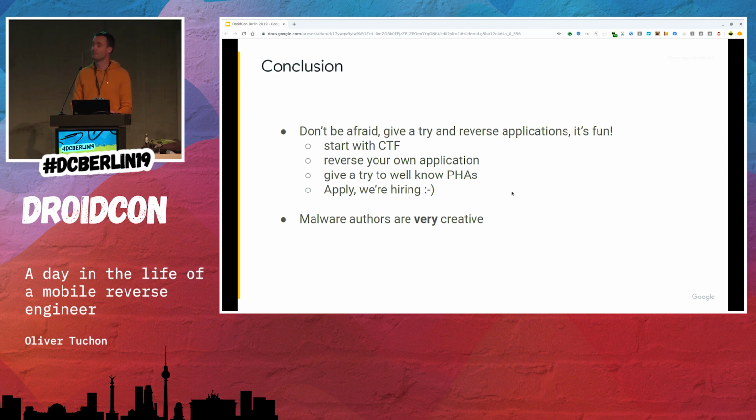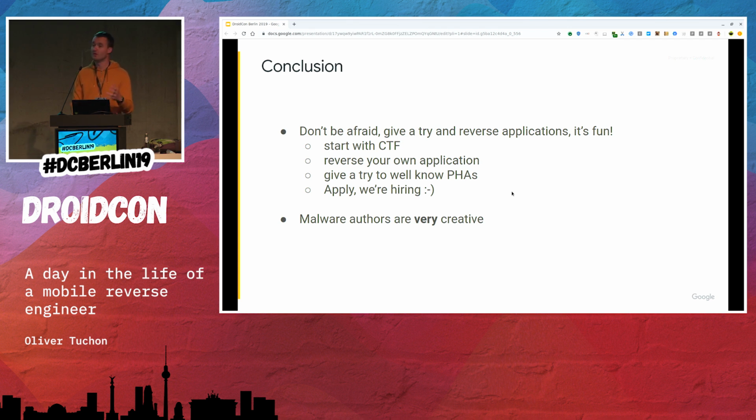And obviously, malware authors are very creative. It's easy to catch script kiddies' PHAs, like the one I coded for my SMS backup application. But some of them are very creative. It took us a long time to track them, and they are difficult to catch and quite difficult to analyze.